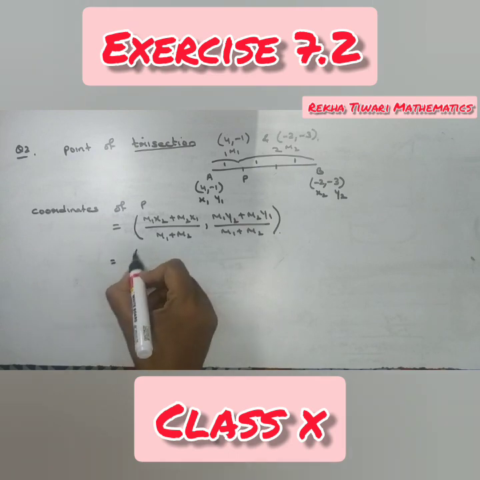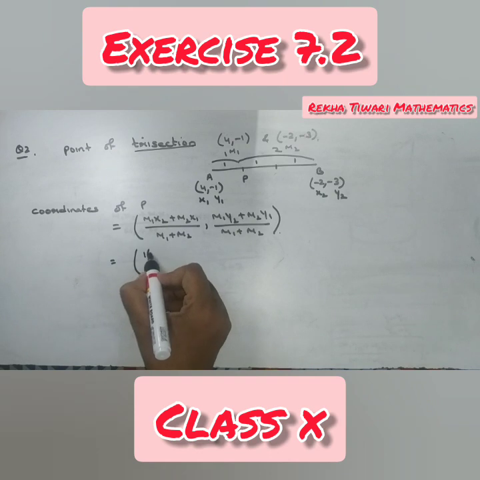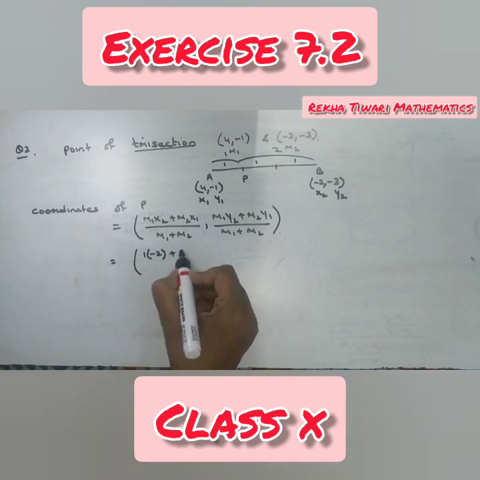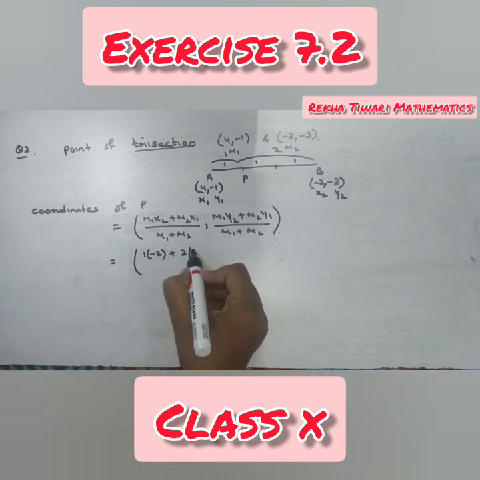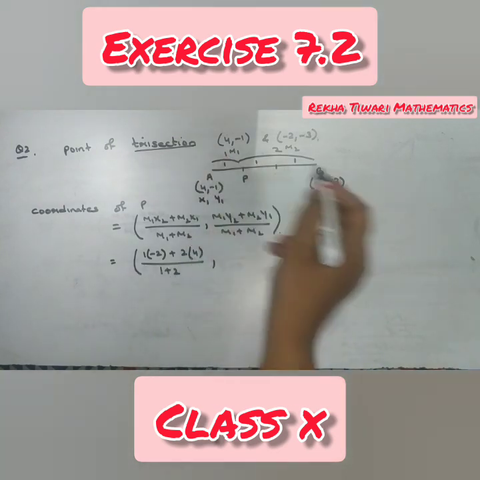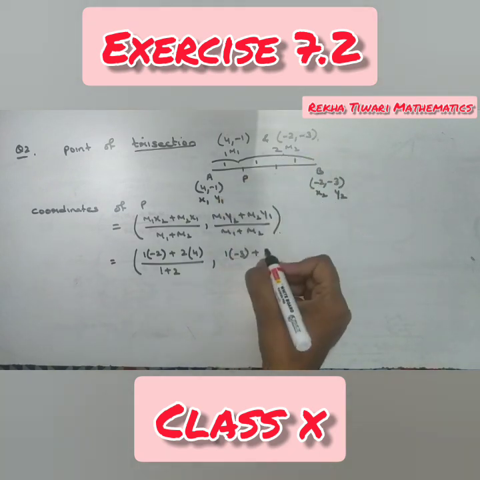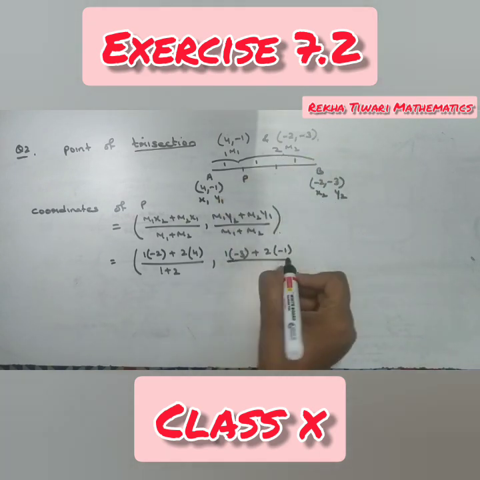Put down the values now. m1 is 1, x2 is -2, so 1 into -2 plus m2 is 2, x1 is 4, upon 1 plus 2, comma, m1 y2, 1 into -3, plus m2 y1, 2 into -1, upon 1 plus 2.